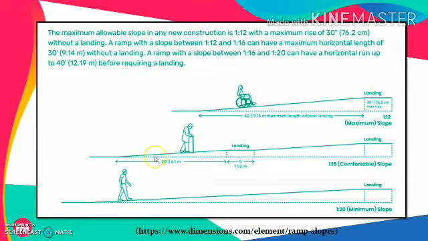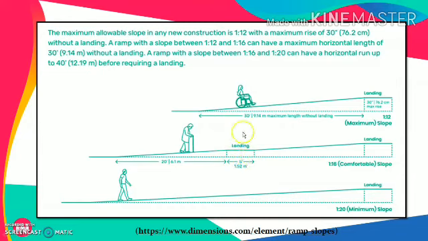This figure indicates a larger distance to be traveled where the slope is provided in the range of 1:16. This is termed a comfortable slope. In such a case, one must provide an intermediate landing as shown in this figure.